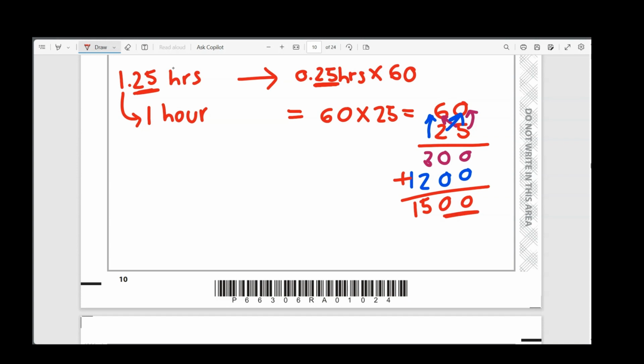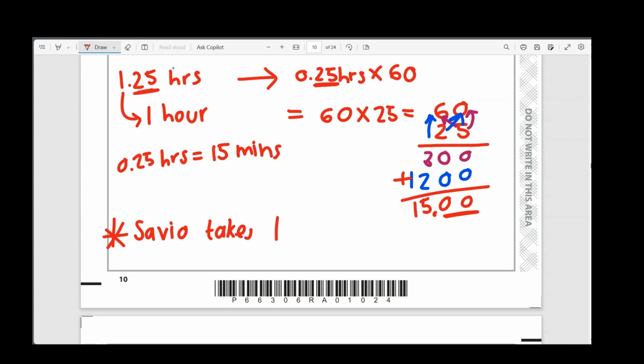So you always just start from the back and jump 2 spots. Okay, so that means that this 0.25 hours is actually 15 minutes. Okay, so that is important for us. So it means Savio takes 1 hour and then 15 minutes to get to work.